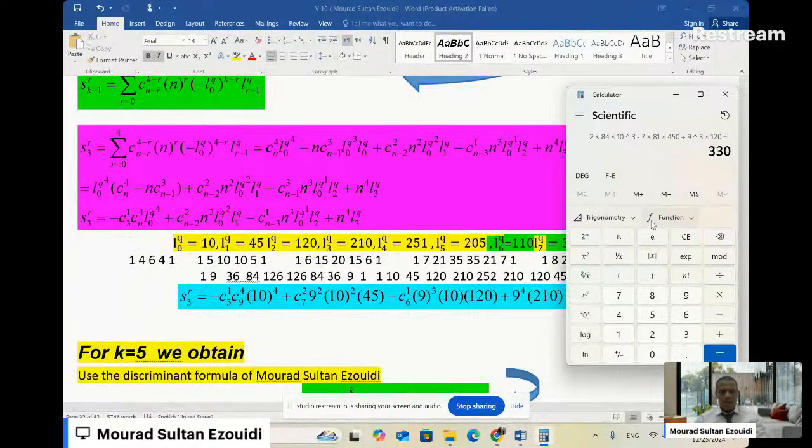I will use my mobile. I will just repeat the first: 2 times 84 times 1000, minus 7 times 81 times 450, then plus 9 cubed times 120. Yes, 330, correct.